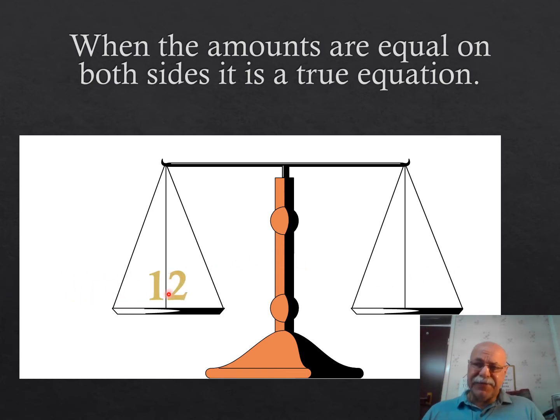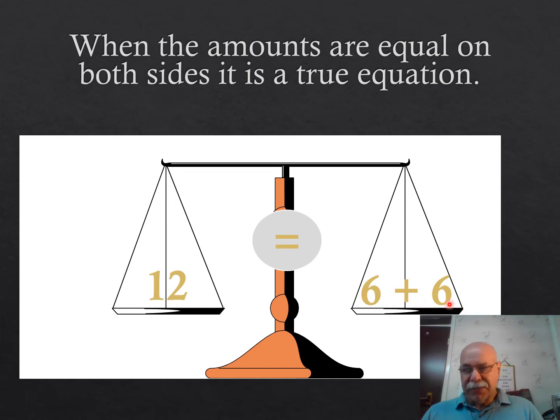On the left side we have 12, and this is a scale. The other side must have an equal value in order to get 12. We get 6 plus 6, 8 plus 4, 10 plus 2.